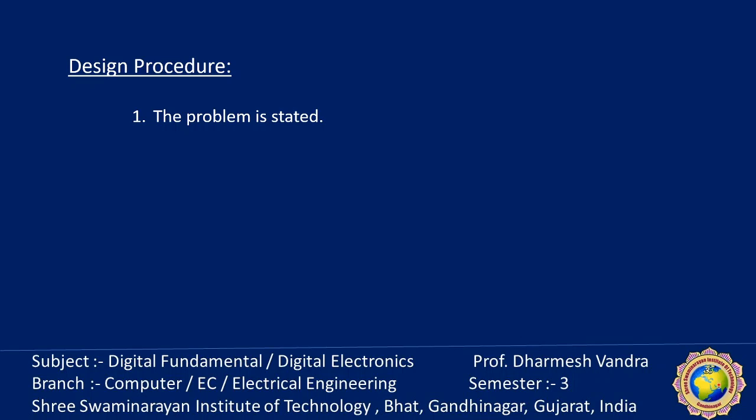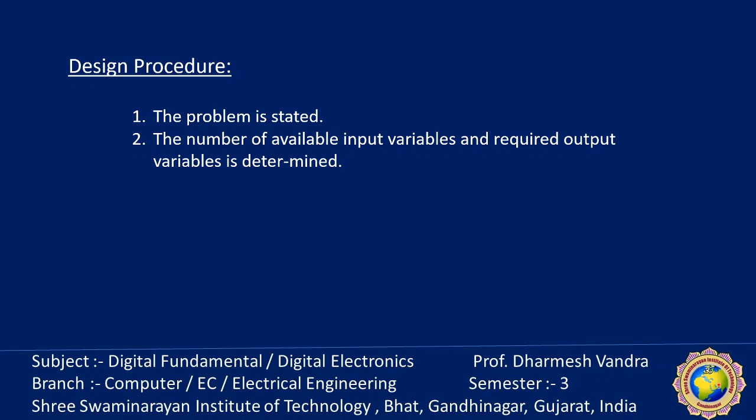Suppose the input is a binary 3 bits and we have to create an output equal to BCD. So first we identify the problem statement, then from the problem we find out the maximum number of input variables available and the required output variables are determined.